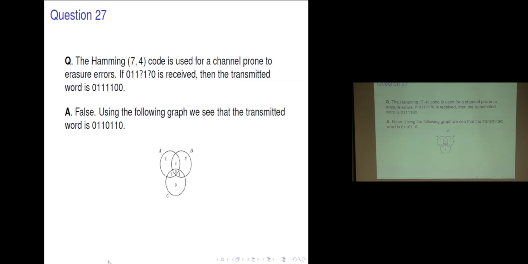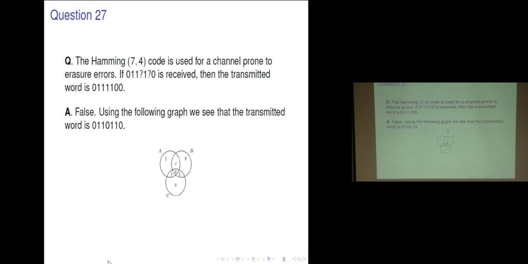Now, when you design the Hamming code, in every circle, A or B or C, the total number is even. Or you can say the number of ones is even.